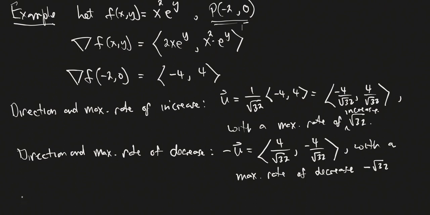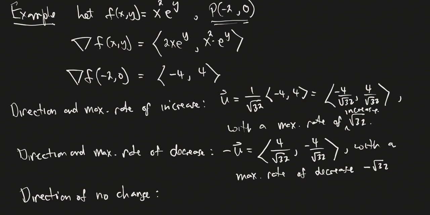What if we wanted the direction of no change? Meaning the rate's going to be 0, we would have to move in a direction that is orthogonal to this. It has to be at 90 degrees to this.